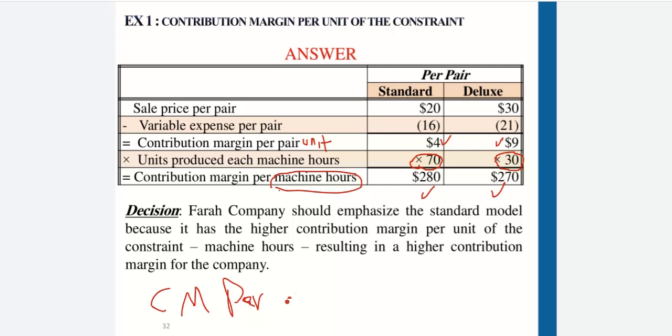What is the limiting factor here? The limiting factor is the time, the machine hours. يبقى limiting factor in this exercise is the machine hours.